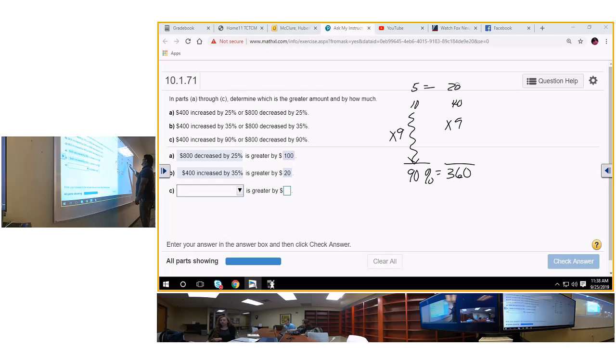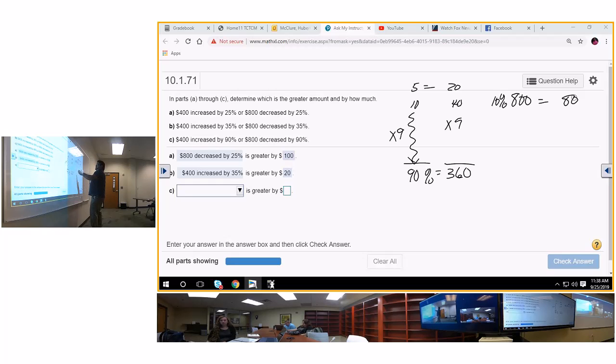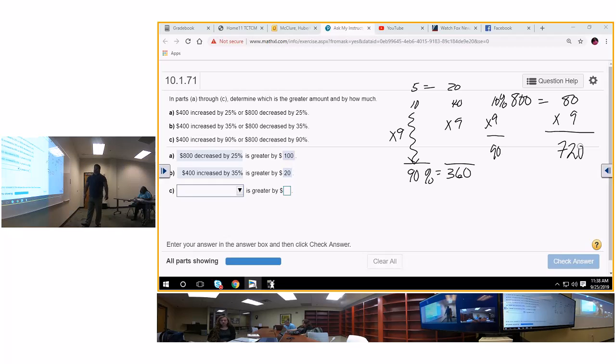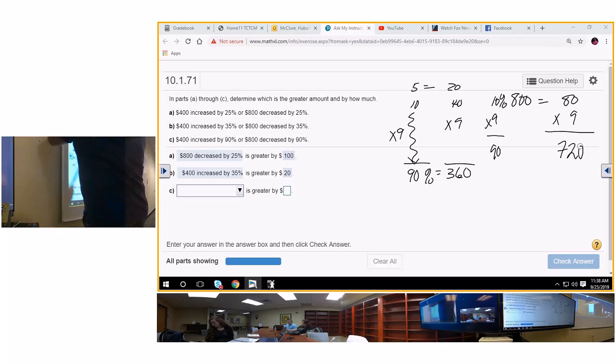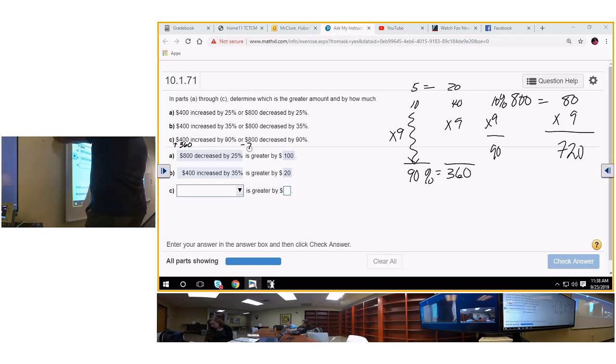800. What is 10% of 800? 80. And you've got to multiply by 9 to get 90%. So multiply by 9 and you get 720. So let's increase this one by 360 and let's decrease this one by 720.